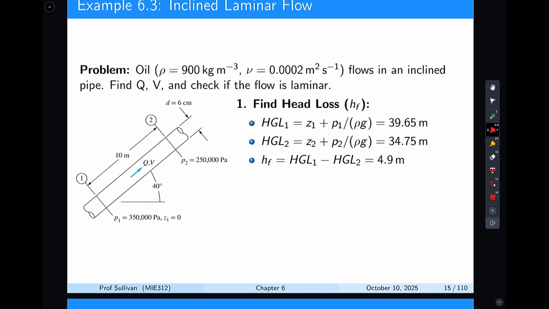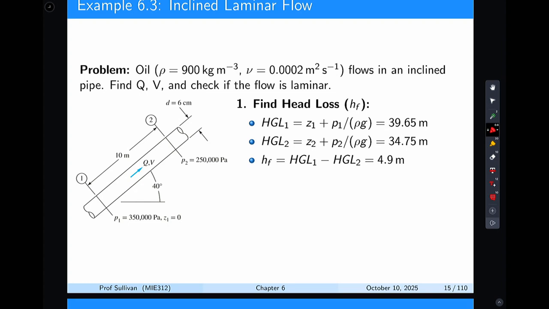So I have oil flowing up an inclined pipe. Find Q and V, and check if the flow is laminar. I have position 1 and position 2, with pressures of 350 kilopascals and 250 kilopascals.